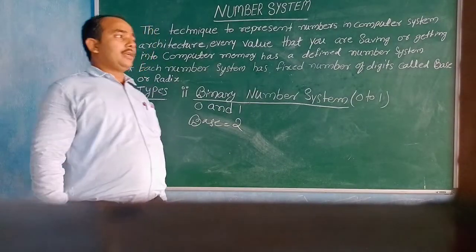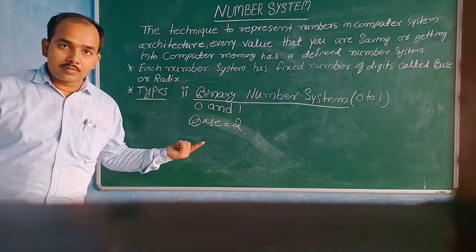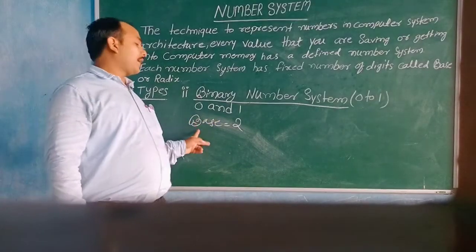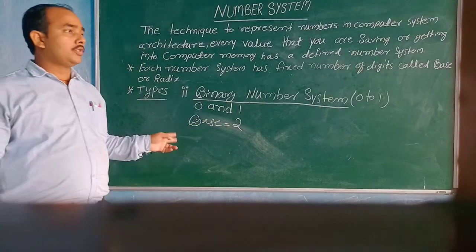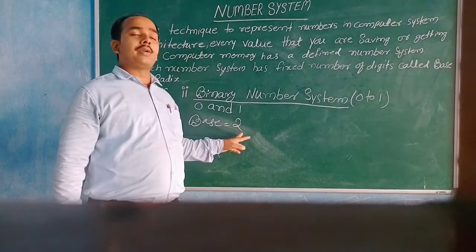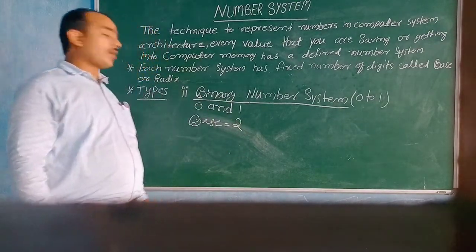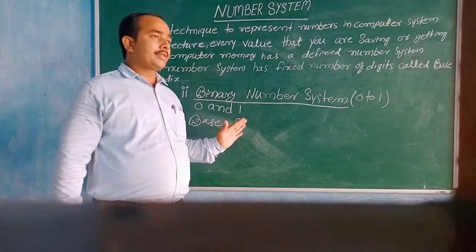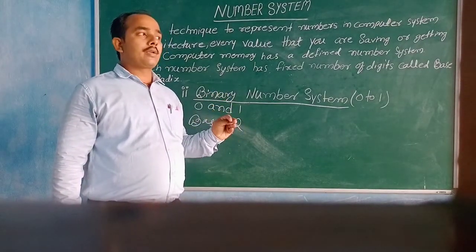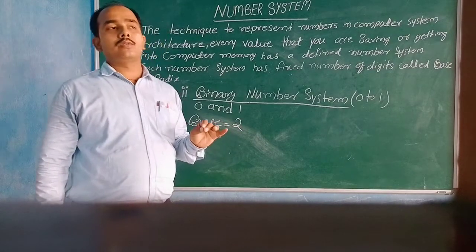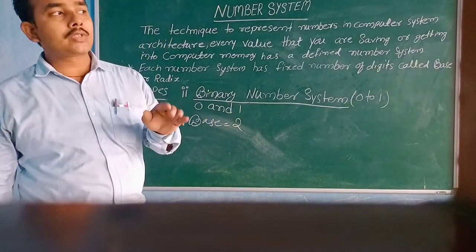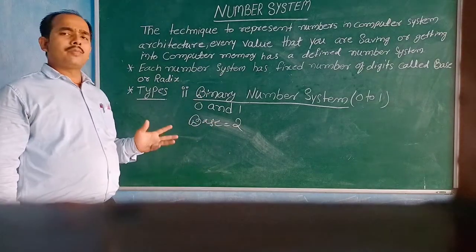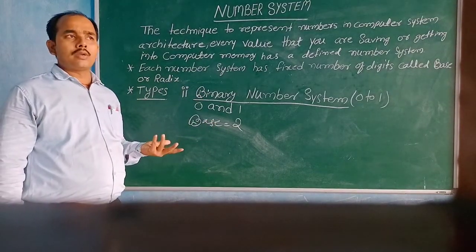Okay? In decimal number system, the base is 10 because there are 10 digits. And here 2 digits, 0 and 1. So the base of the binary number system is 2. So in a computer system, dear students, a computer always converts into 0 and 1 forms, because computer only understands 0s and 1s.